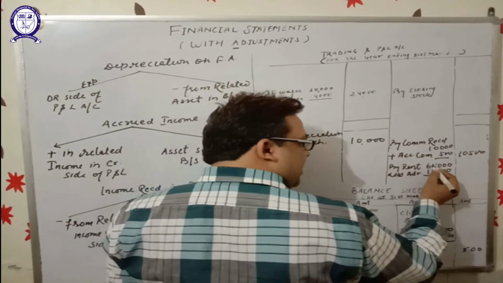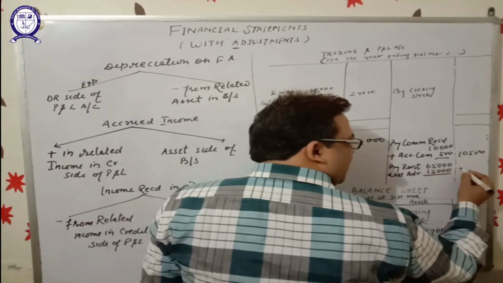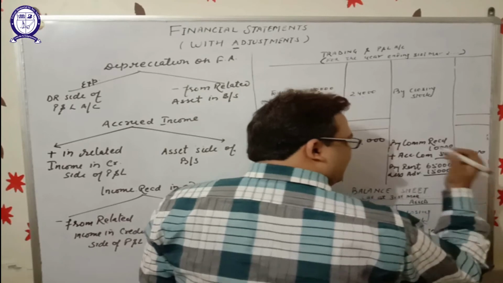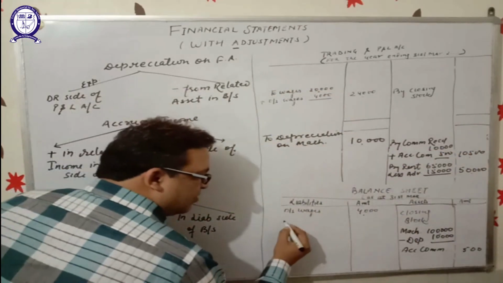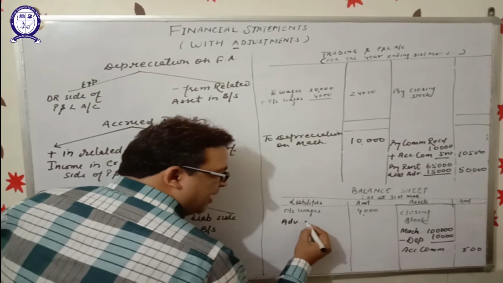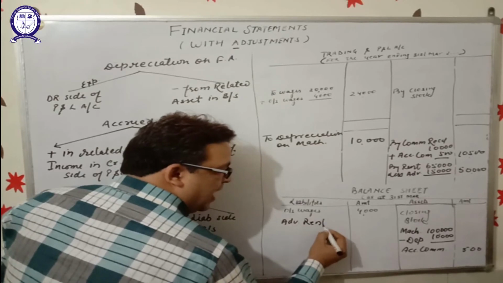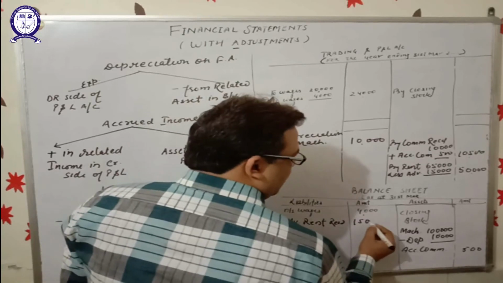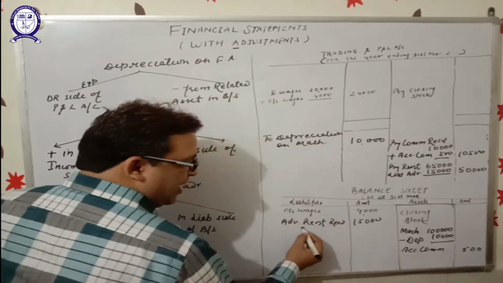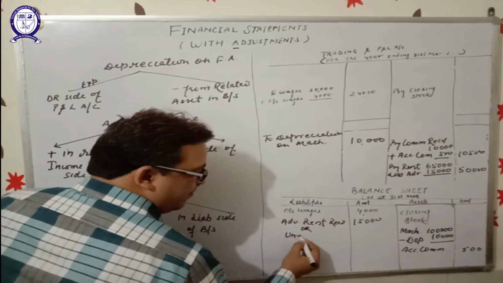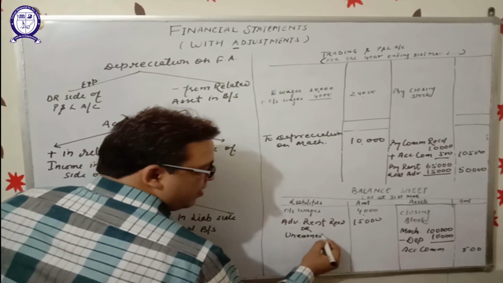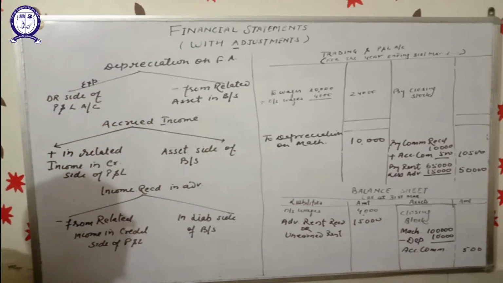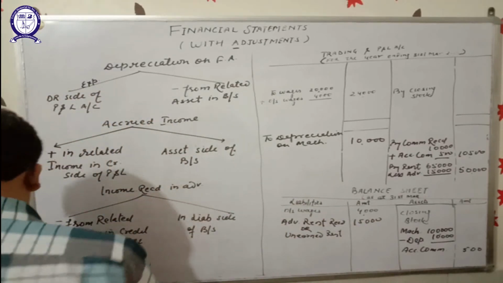So this will be deducted from the rent received during the year. So net income is 50,000 of current year, and 15,000 advance income will be recorded here in liability side. Advance rent received or unearned rent, you can write here unearned rent 15,000.